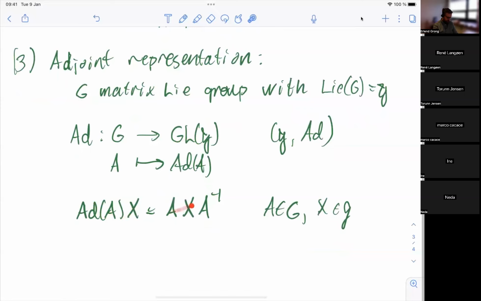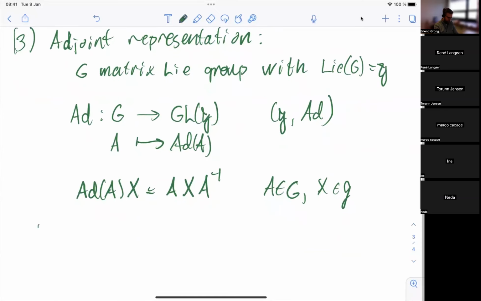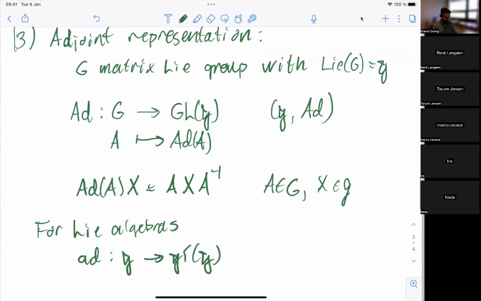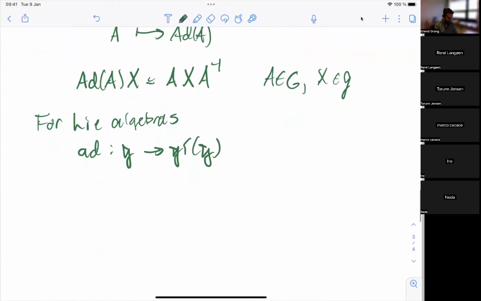So this is an example of a representation, and the corresponding one for Lie algebras: we have the small ad from g to gl(g), given by ad_X applied to Y, which is the bracket of X, Y.